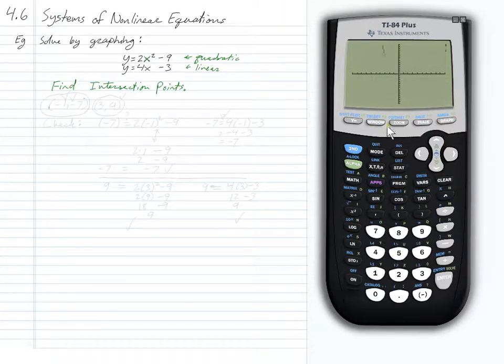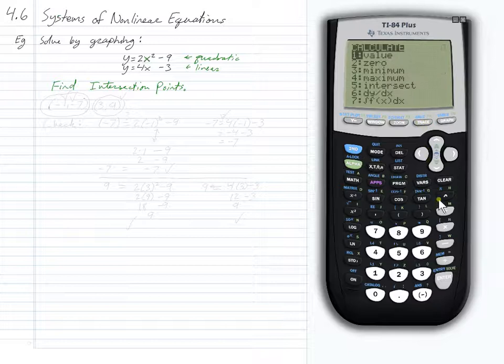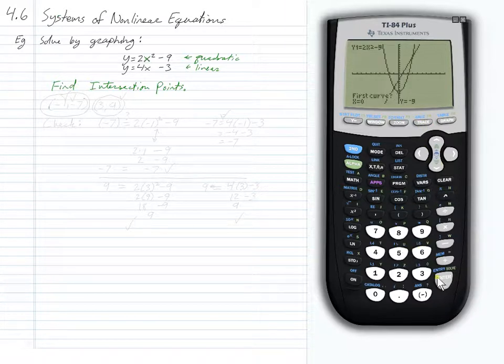Second calc, find the intersect, and we can see there that the cursor is on the parabola to begin with, and then it jumps to the line, and then our guess will be somewhere over here near where the intersection appears to be. Well, the intersection point at that end is -1, -7.